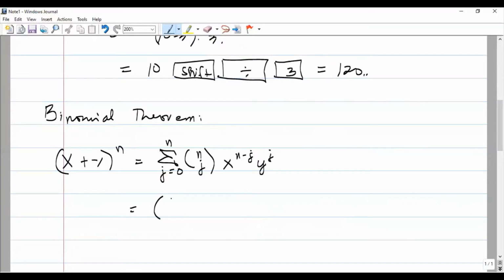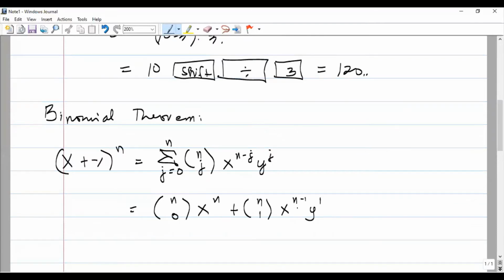the combination of n taken 0 at a time, 0 because the starting value of j is 0, of x raised to n minus 0 is n, times y raised to 0 is 1, plus the combination of n taken 1 at a time, of x raised to n minus 1, times y raised to 1.